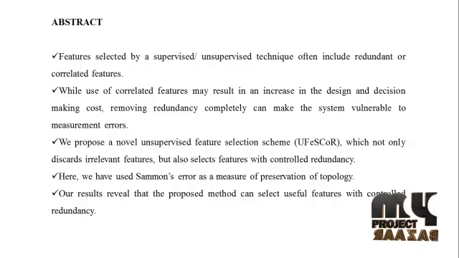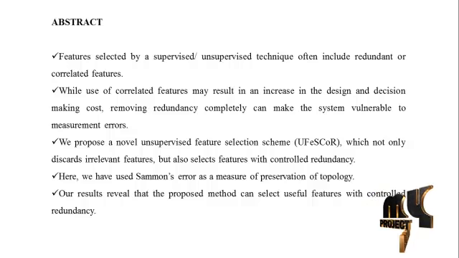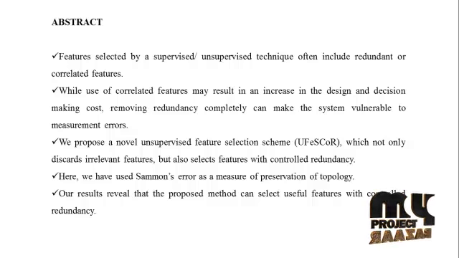Our algorithm optimizes an objective function which tries to select a specified number of features with a control level of redundancy such that the topology of the original data set can be maintained in the reduced dimension. Here we have used Sammon's error as a measure of preservation of topology.